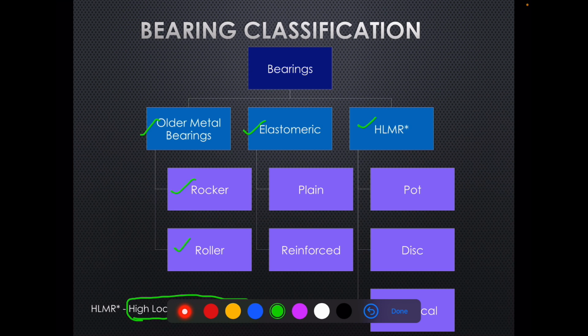In elastomeric bearings, we have plain and reinforced bearings. Reinforced bearings are the ones where inside the rubber pad we have provided steel shims like this. Then we have HLMR bearings. Within HLMR bearings, we have pot PTFE bearings, disc bearings, and spherical bearings.